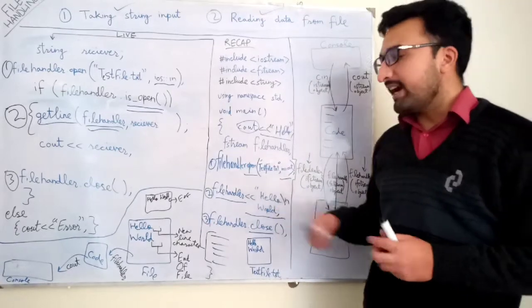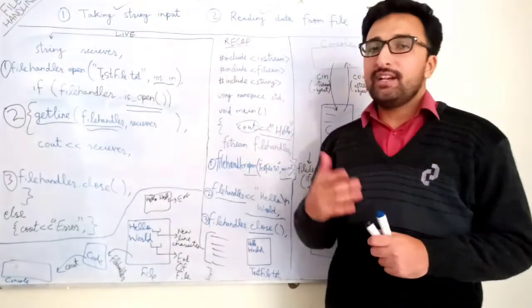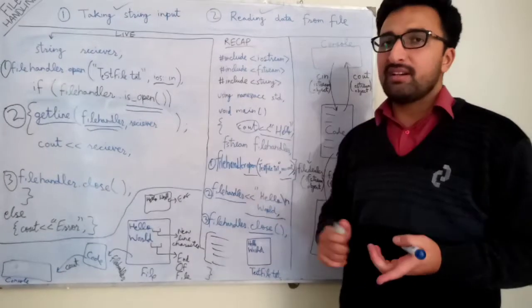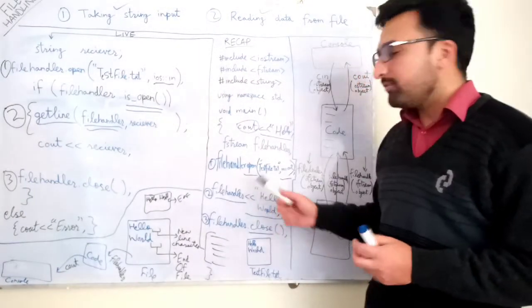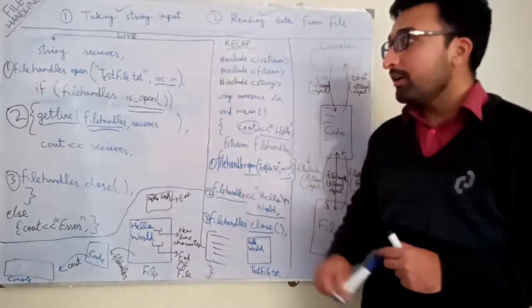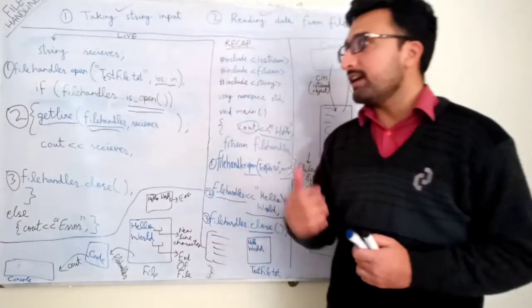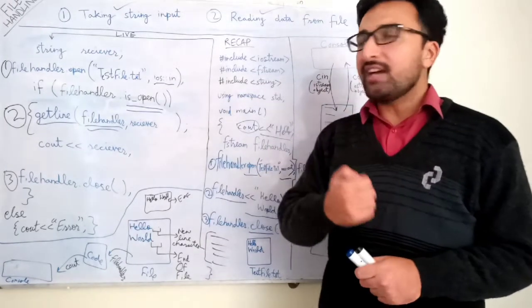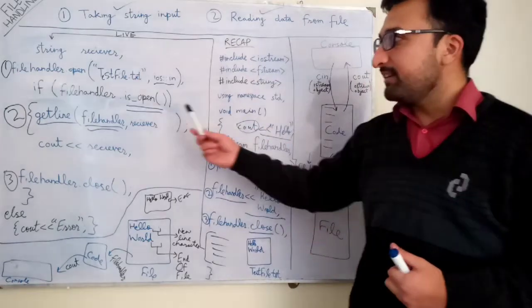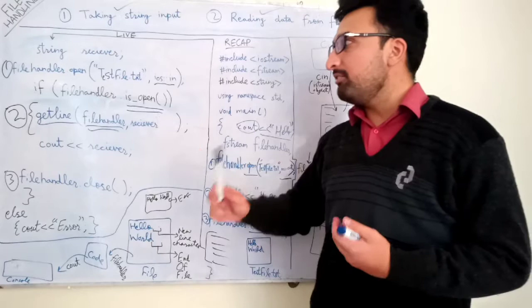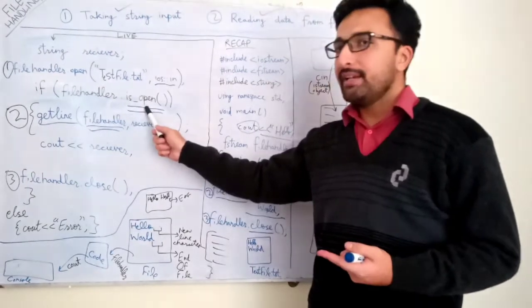When we were writing something onto the file, it did not matter whether the file was already present, because if it were not present, it was automatically created by the computer first. However, here it is necessary that the file should be present in that place so that it can be read from. So we introduce this line of code to check whether the file we are trying to open is open or not.